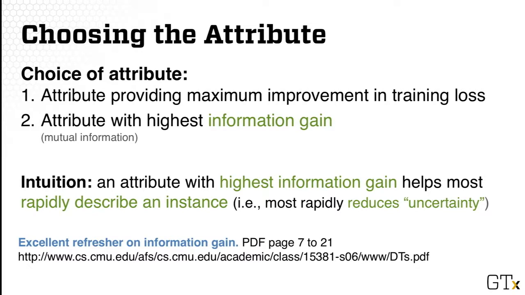In other words, if an attribute can help you reduce the uncertainty in your decision as much as possible, that's probably a very good attribute. That also means that by picking the ones with the highest information gain, likely your tree is going to be much shallower. For an excellent refresher on information gain, I highly recommend you look at the lecture slides from a Carnegie Mellon class. The link is shown here.